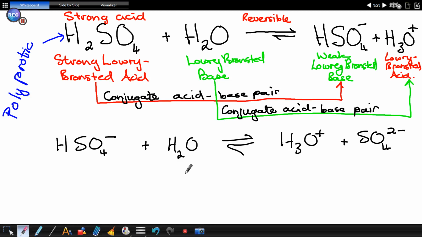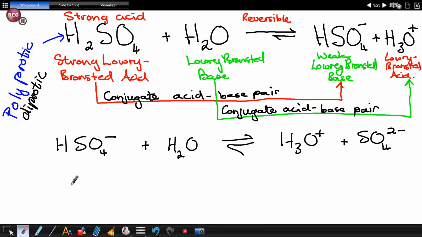So the sulfuric acid has two protons to give. So it is actually polyprotic, diprotic, because it can give two protons. Polyprotic just means it can give more than one proton.